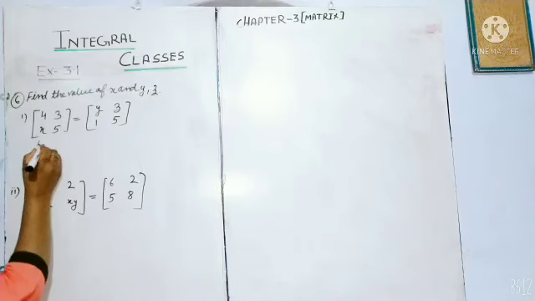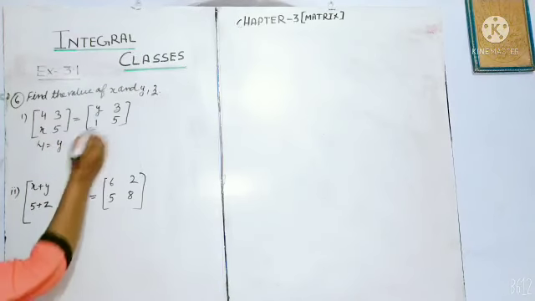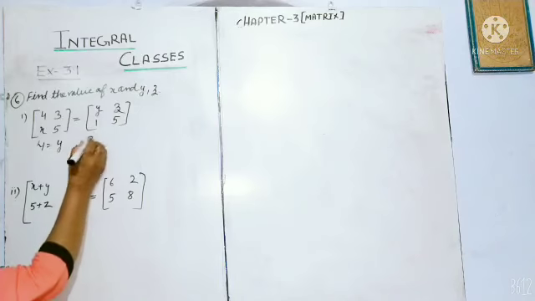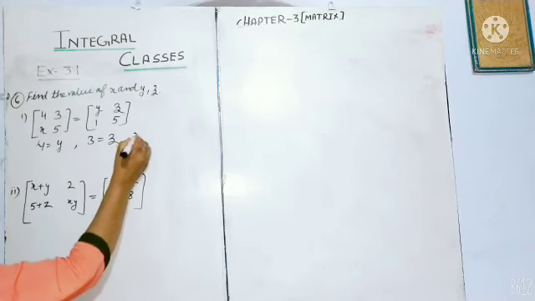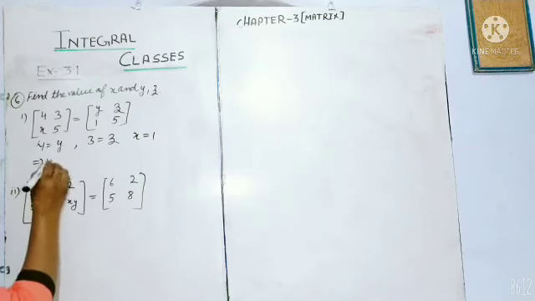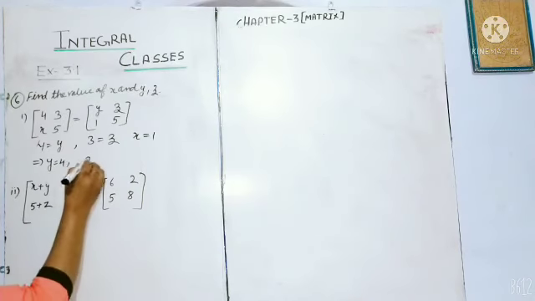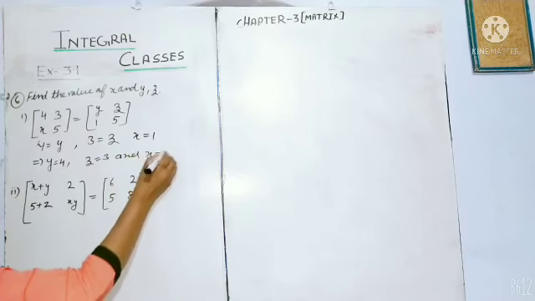So 4 equal to y. 3 equal to z. And x equal to 1. Therefore, y equal to 4, z equal to 3 and x equal to 1.